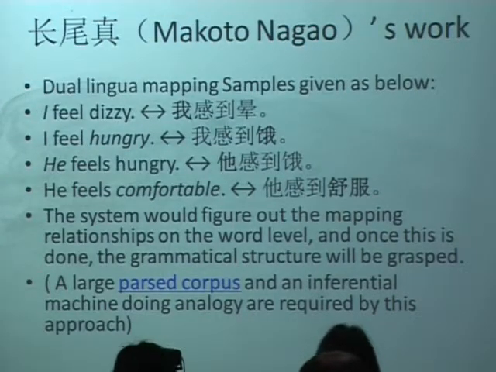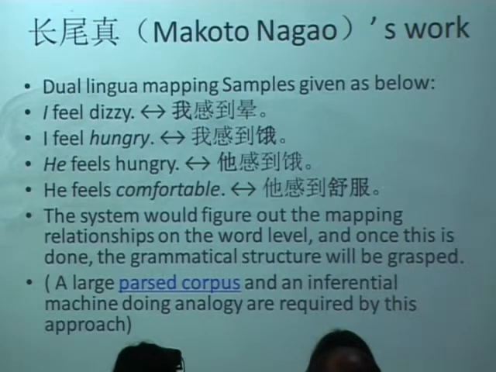But if we talk about MT, machine translation, maybe the instance-based, example-based or prototype-based approach was mostly put forward by the Japanese AI scientist Makoto Nagao. He believes that there should be bilingual mapping samples given to the system. Okay, you just give the system such kind of things.